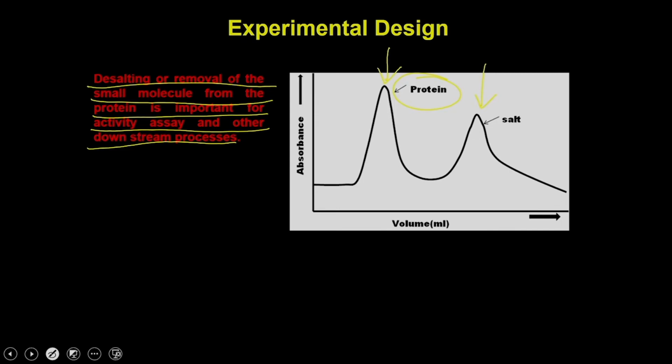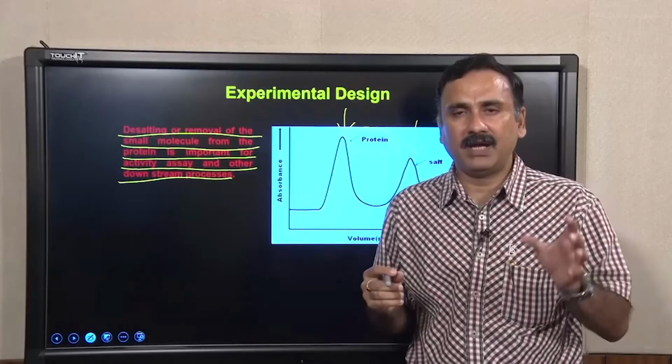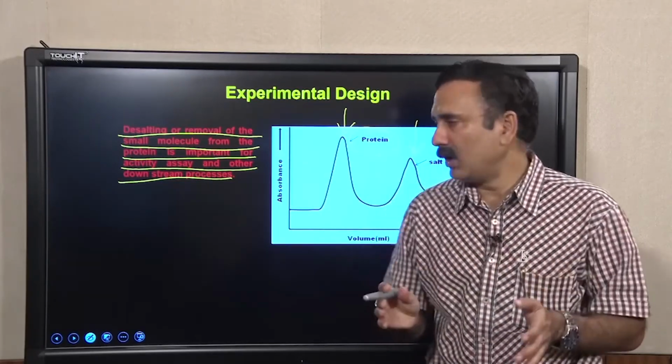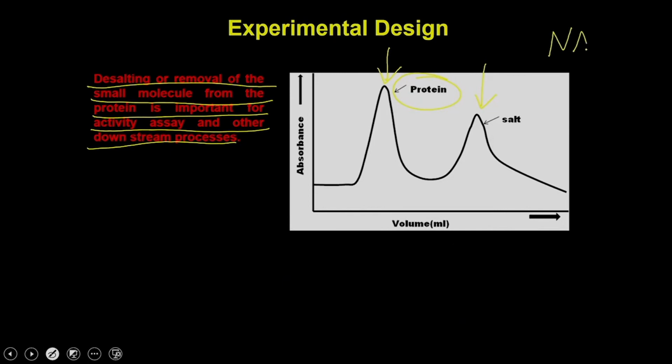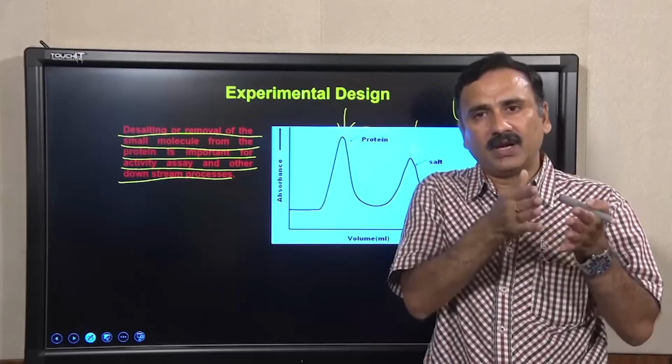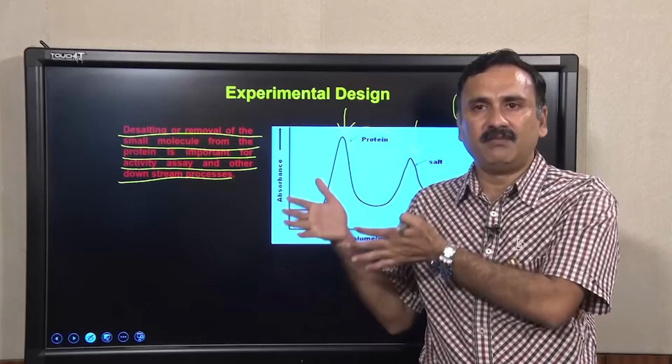You can do that simply by performing the chromatography in a very small column. One such column is called the NAP10 column. These are commercially available NAP10 columns which you can use to desalt the protein. You can remove any ligand which is of a smaller size.